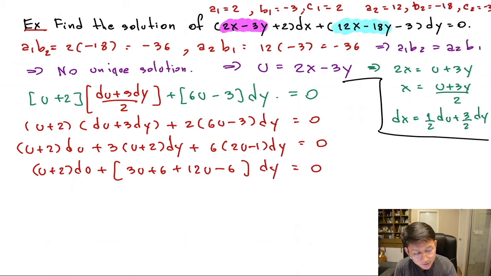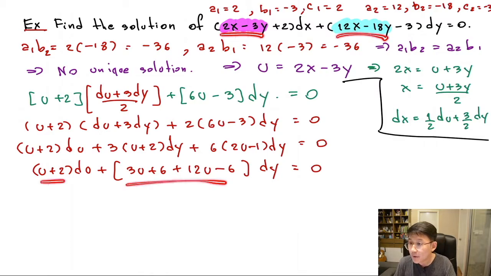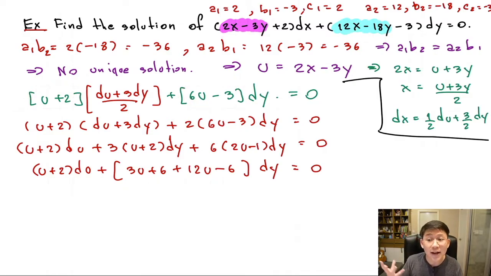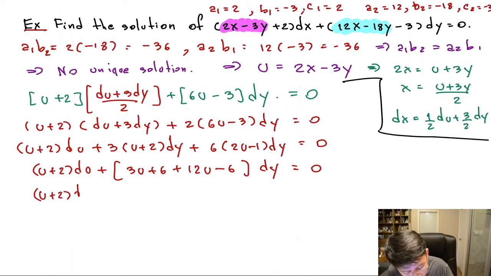Right? And see guys, when you substitute this with u, it will be a multiple of u, and then you don't have y anymore. See, you don't have y up here anymore. So if you don't have y up there anymore, it means that it must be separable, right? Because there's only one variable. Make sense? So here is u plus 2 du plus, what is it? 15u dy equals 0.